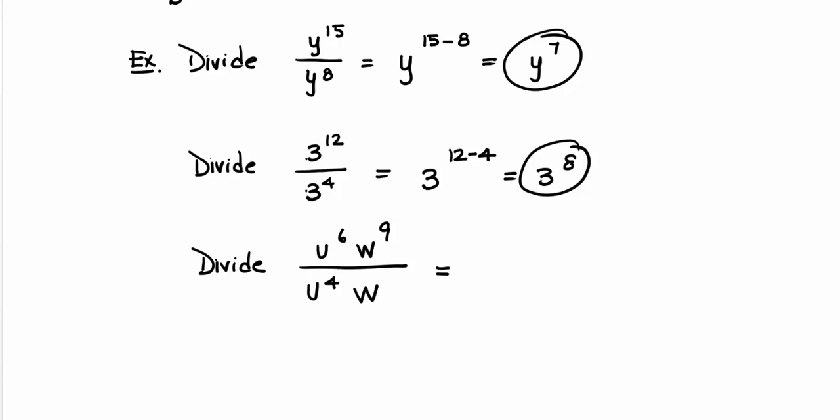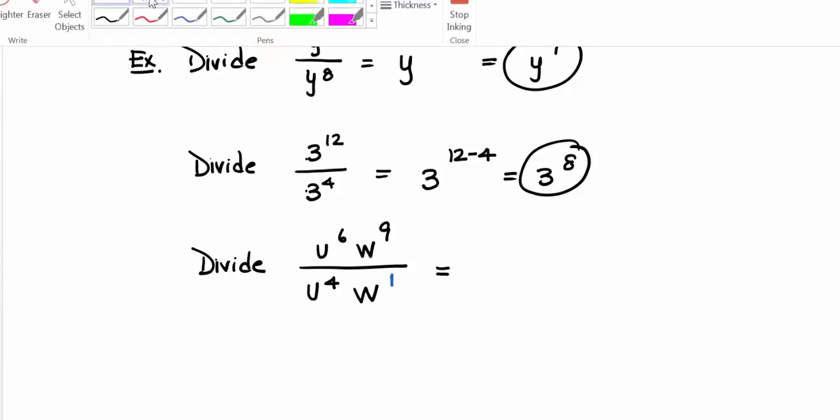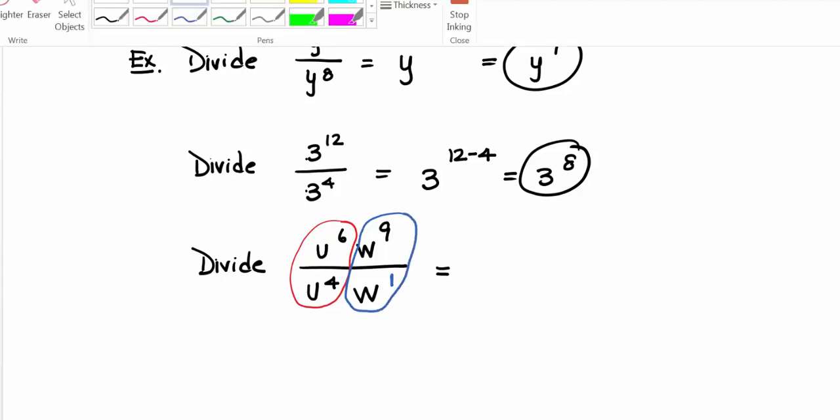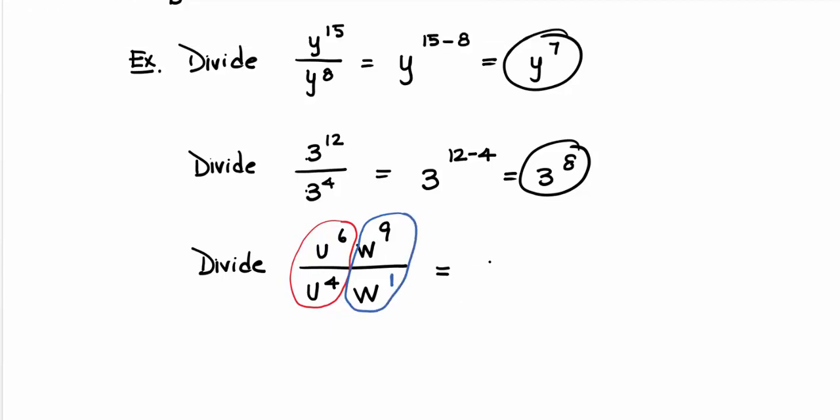Remember, if I don't have an exponent, it's always assumed that that exponent is 1. So which ones have similar bases? Well, the u's have a similar base, and the w's are the same there.